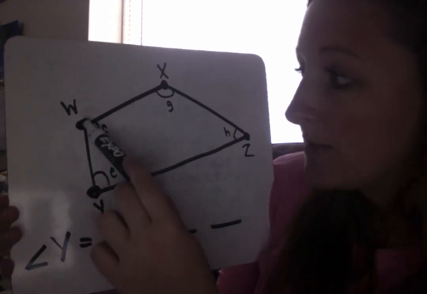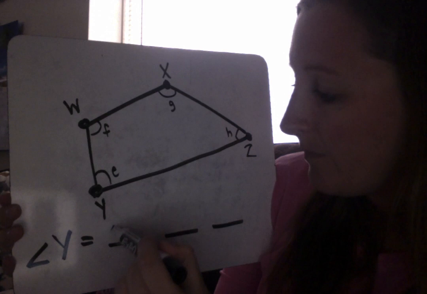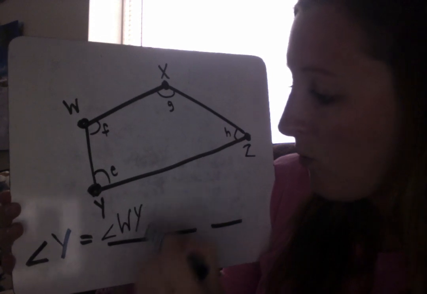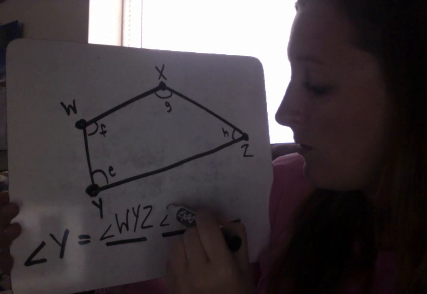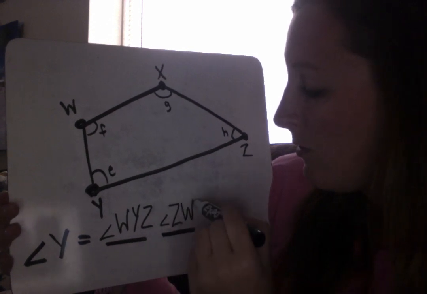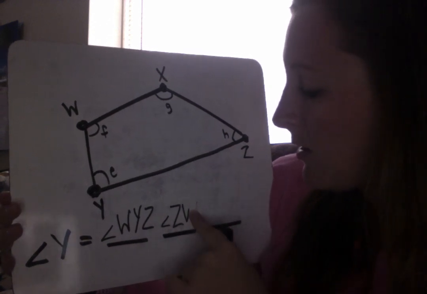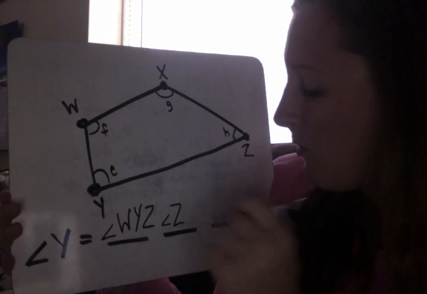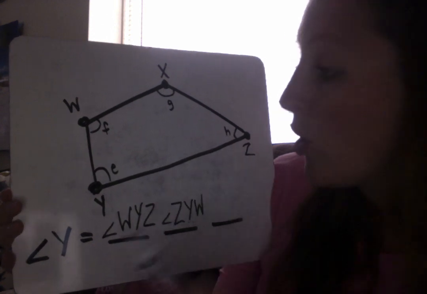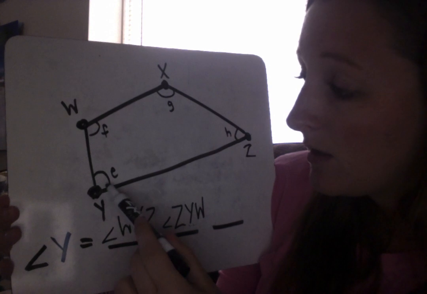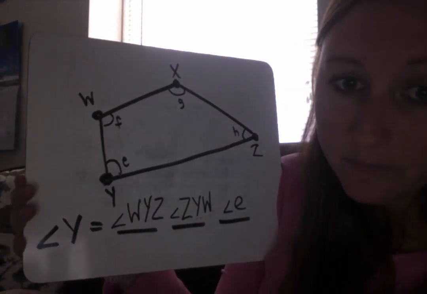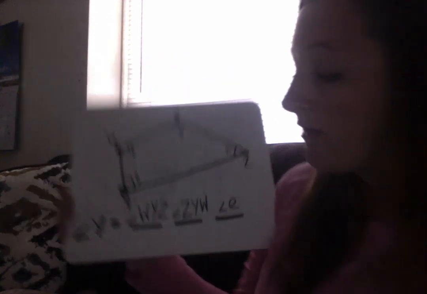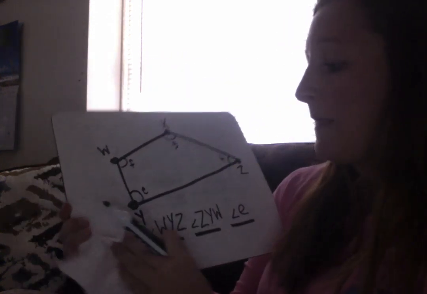So it could be named angle WYZ. It could be named angle ZYW. Or it could be named angle E. Okay? So there's a few different ways depending on what the book gives.